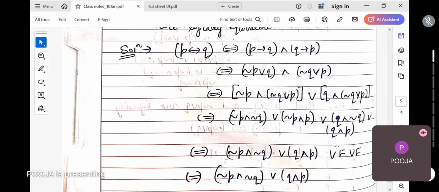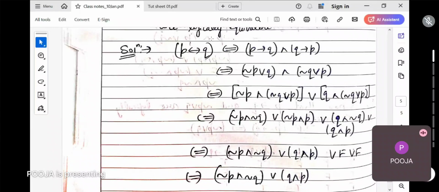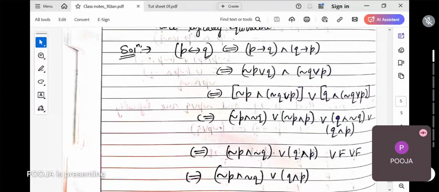Q and P will remain the same. And any proposition disjunction with a fallacy will remain the same proposition. That is why I'm getting this proposition. So I have shown P biconditional Q is logically equivalent to negation P join Q, negation Q join P, negation P join Q. So these are logically equivalent.